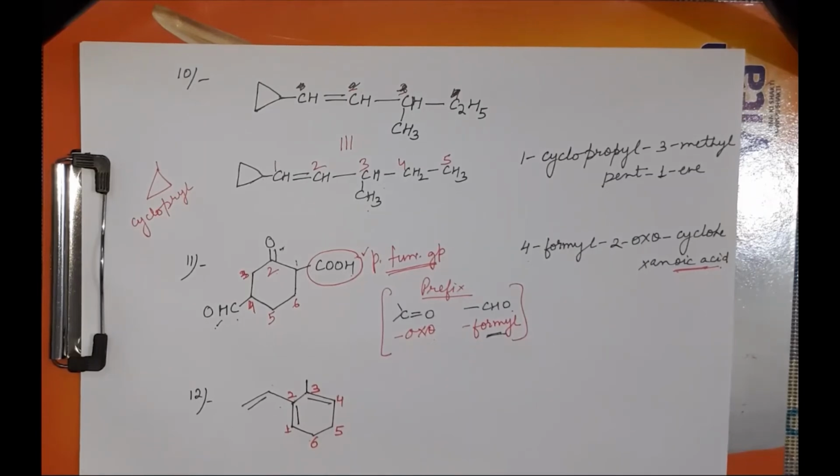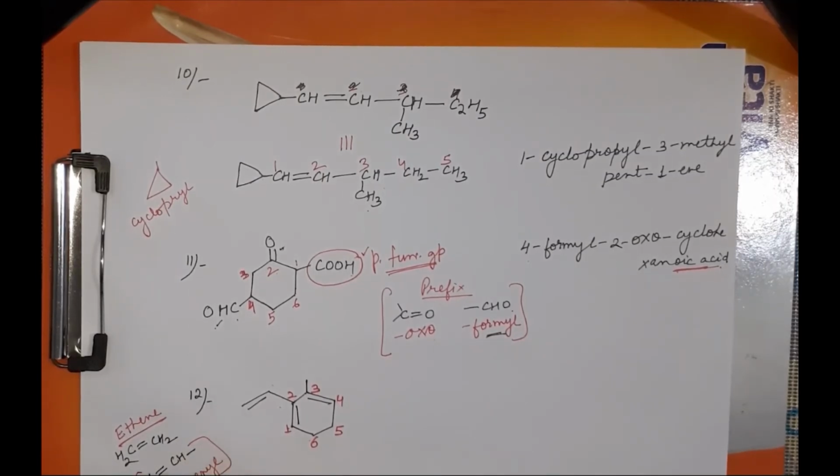We know very well CH2 double bond CH2. What is this? This is ethene. And when one hydrogen is removed from this, what will we get? CH2 double bond CH. Then we call it ethenyl.